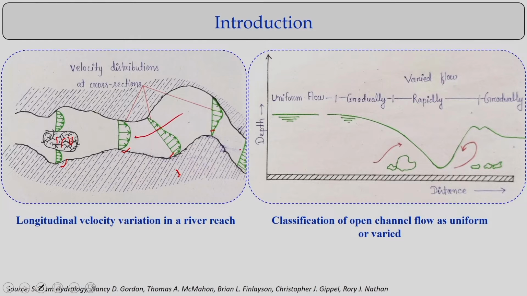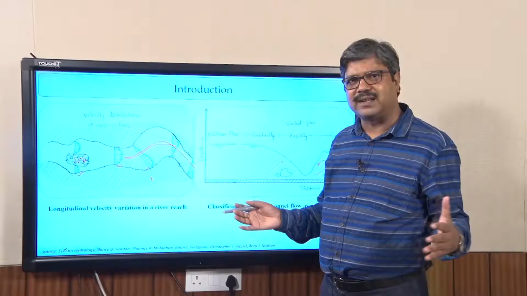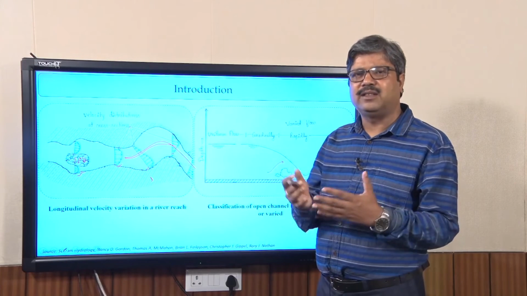And here the river has curvatures, the meanders. But in this case, because of the river expanding and contracting, there are expansions and contractions happening. There are river bend formations, and there are island and bar formations.